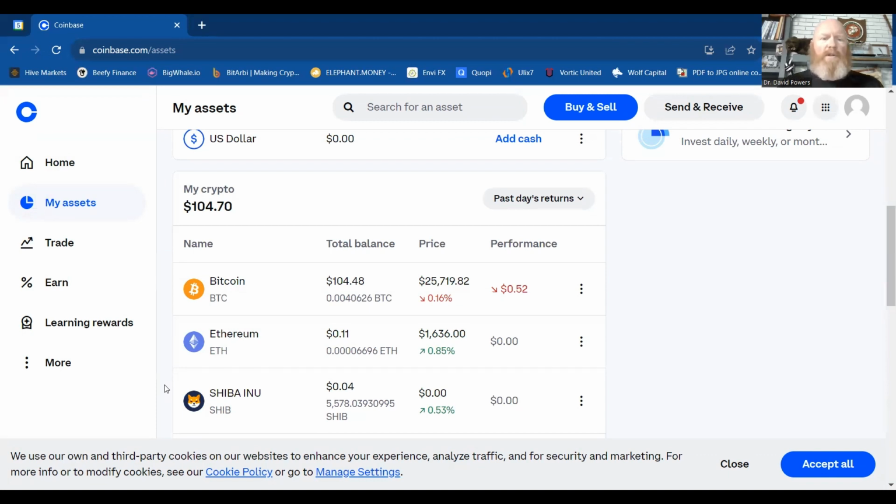The reason you might want to do dollar cost averaging is because, if you've seen my other video on Bitcoin as a HODL strategy, a hold on for dear life strategy, it's something you can do with certain coins that you feel are going to be around for a long time and going to go up, up, up at some point. You can set it, HODL it, and with dollar cost averaging, you can keep adding to it bit by bit.